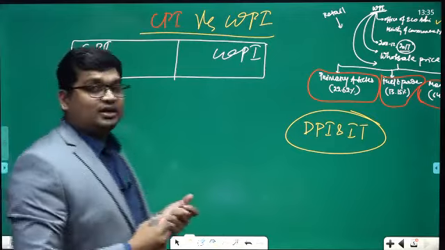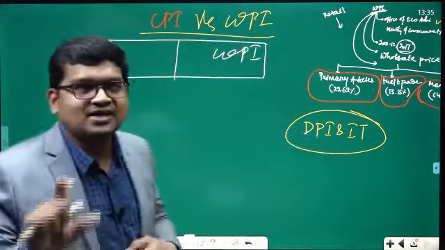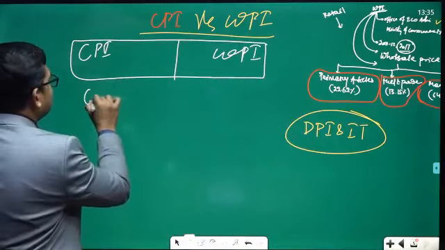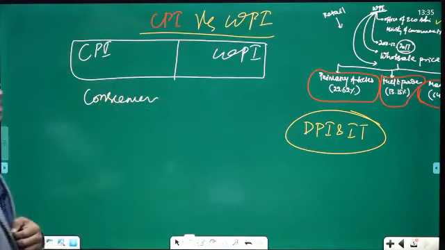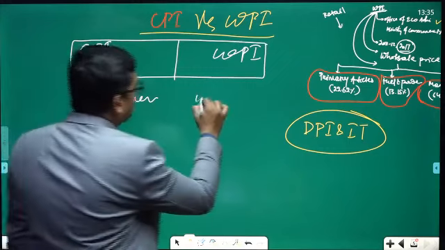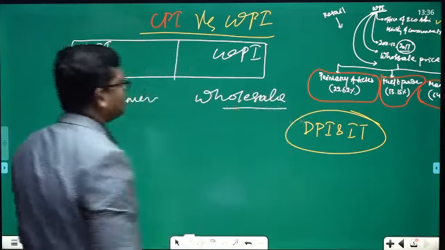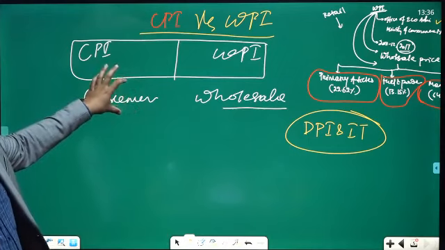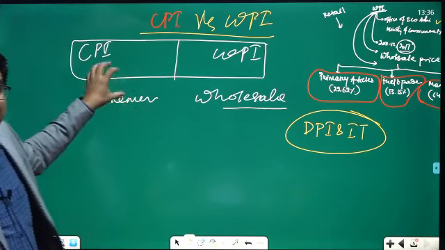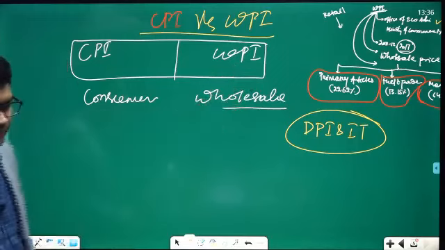I have already told you CPI, or consumer price index, tracks inflation at the consumer level, but WPI tracks it at the wholesale level. This is the first difference between the two. You can say one measures the retail price level and the other the wholesale price level.